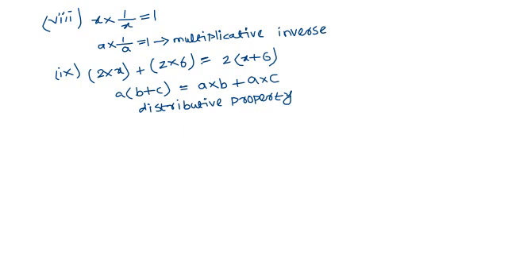The additive inverse, I am writing in short form, is 3 by 5, because the minus becomes plus. Now the multiplicative inverse is 5 by 3.